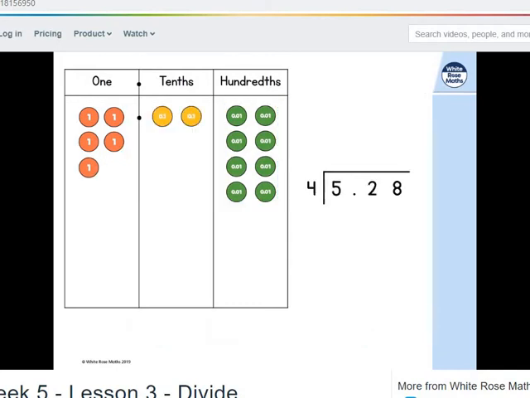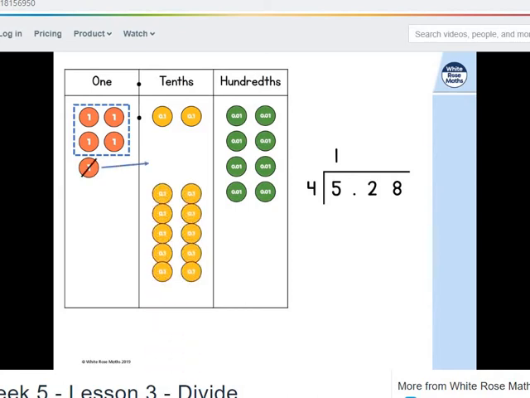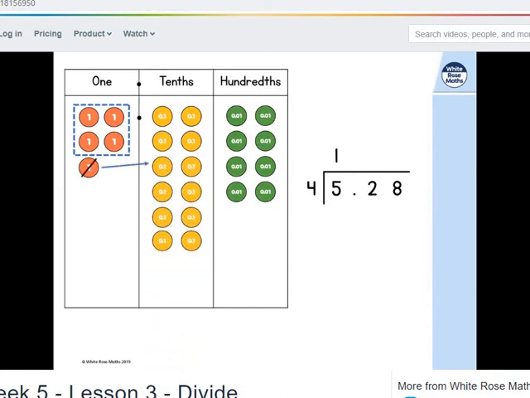What about this one then? We've got 5.28 and we're still dividing by 4. Let's look at our 1s first. We've got 1 group, but we've got 1 left over. So we need to exchange. 1 is the same as 10/10. Now we've got 12/10.